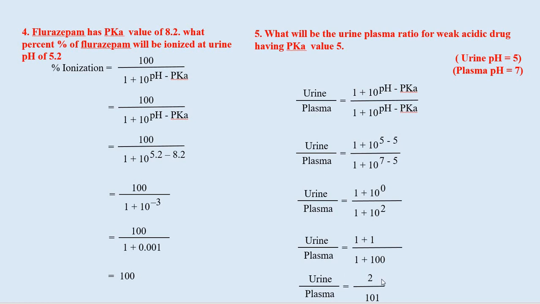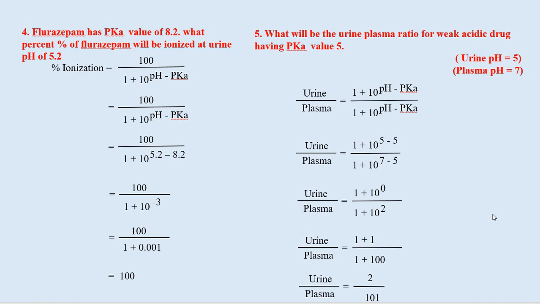Your ultimate answer is 2 divided by 101, meaning the urine to plasma ratio is 2 is to 101. From this ratio you get to know that in the urine 2% drug is present and in the plasma 101% drug is present. Meaning the maximum concentration of drug is present in the plasma.